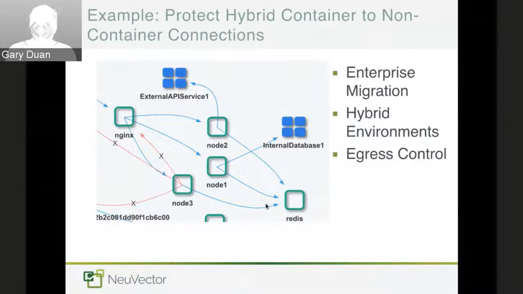They want to define policies to only allow a group of containers to access those legacy services running outside the container clusters. There is no good way to define those network policies, so this is one of the very popular requests we heard.